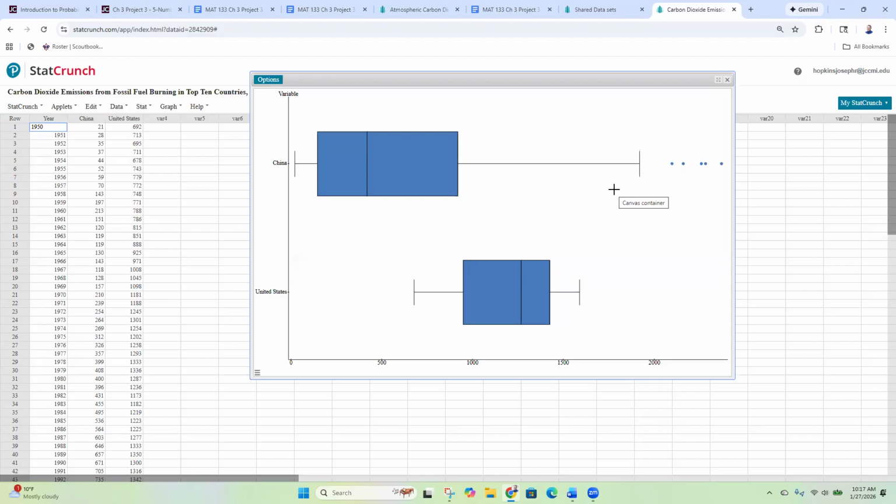And then also with range, it's only comparing two of your numbers. So if the United States had a very tight box and a very tight graph, but I had a single outlier way off over here on the right, it just messes the range up entirely. Just because of one number.